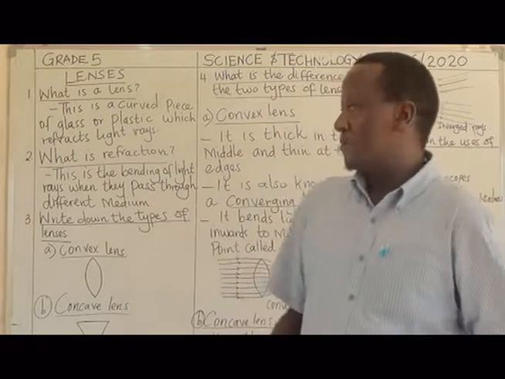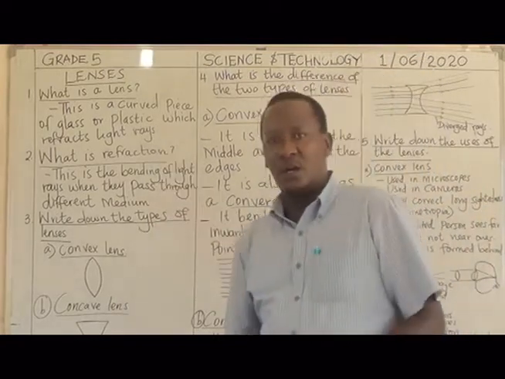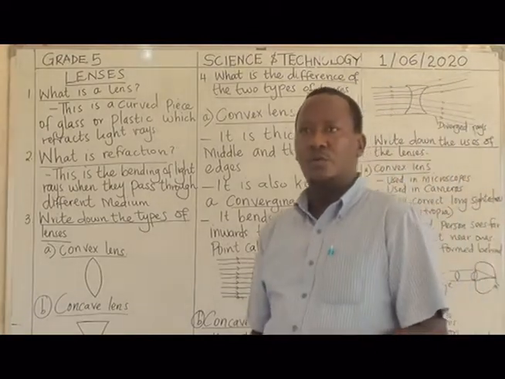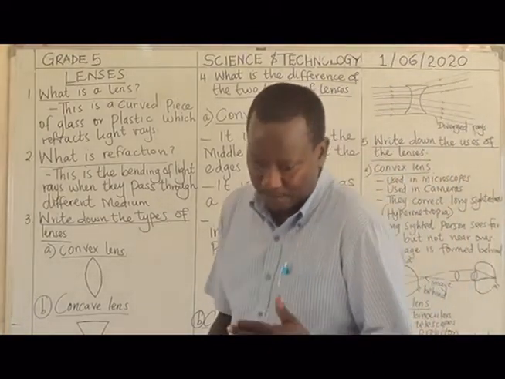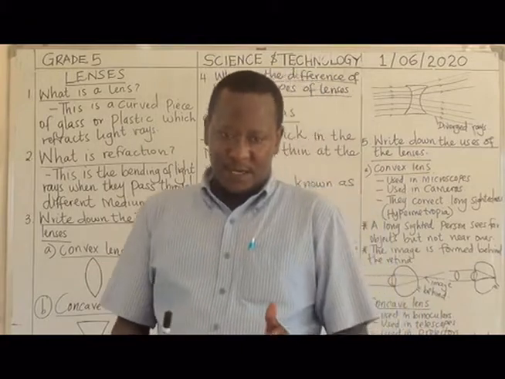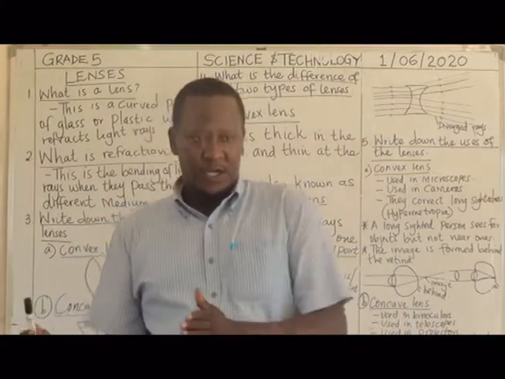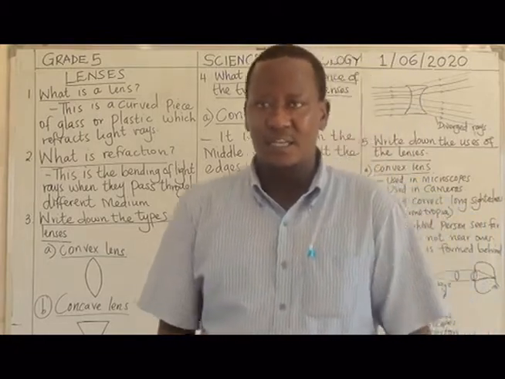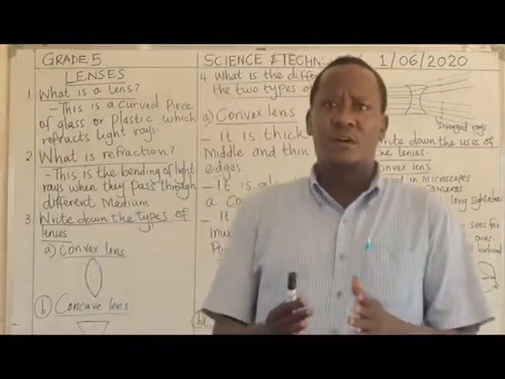Today, we are going to look at what we call lenses. Let me take you through what we discussed the other day. It has been a series of a topic called light energy. We have seen what light energy is. We have seen reflection.